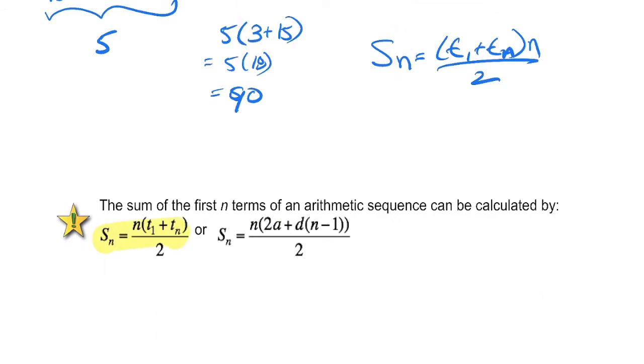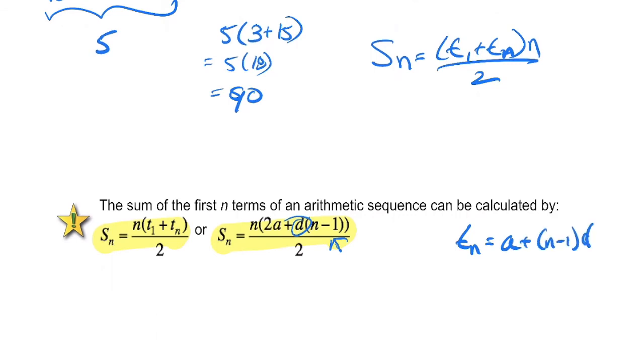We could also write this formula another way. This one's a little bit more lengthy, but notice in this one, we don't actually need to know the last term, we just need to know what the common difference is. Well, how do we get one formula from the other? From our arithmetic sequence, we recognize that t of n is equal to a plus n minus 1 times d.